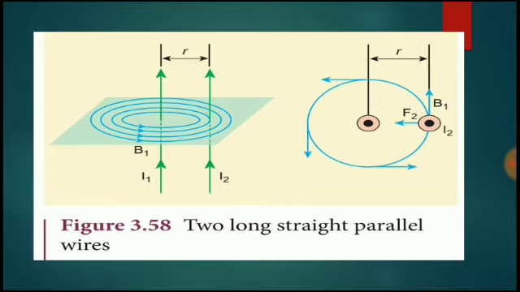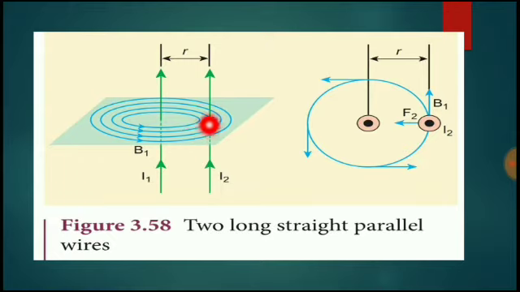So around each conductor, what is present? Magnetic field is present. Just listen. This is conductor A and this is conductor B. This conductor carries current I1. Due to this, what is present around it? Magnetic field is present.